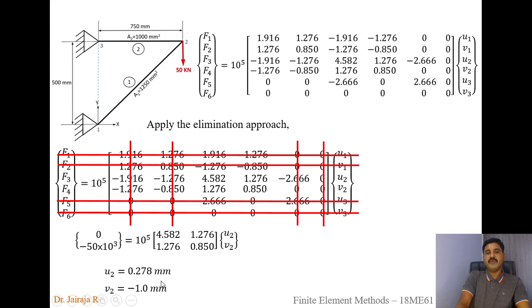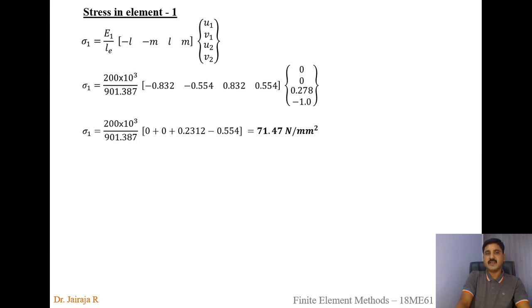From u2 and v2, Young's modulus and direction cosines, we can calculate the stresses. The stress for element 1 can be calculated using the equation sigma 1 is equal to E1 by L1 into the direction cosines minus l, minus m, l, m, and the nodal displacements u1, v1, u2, v2.